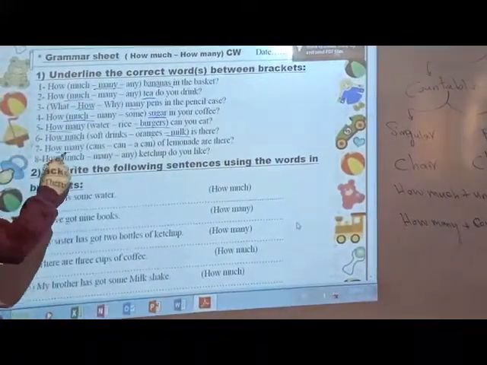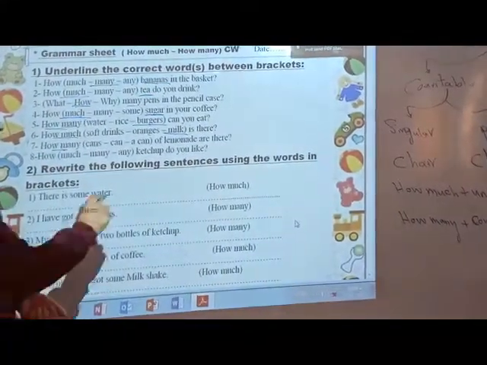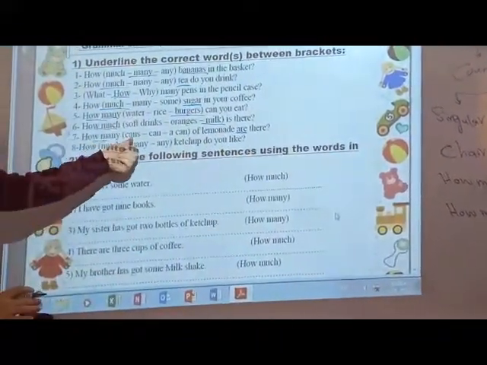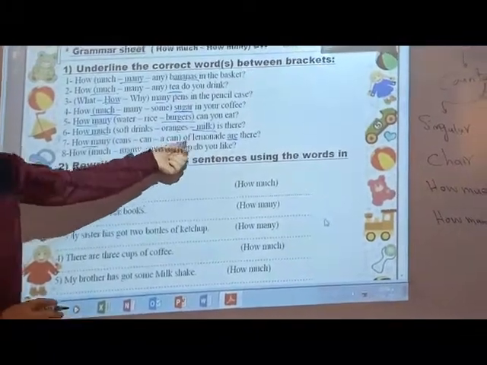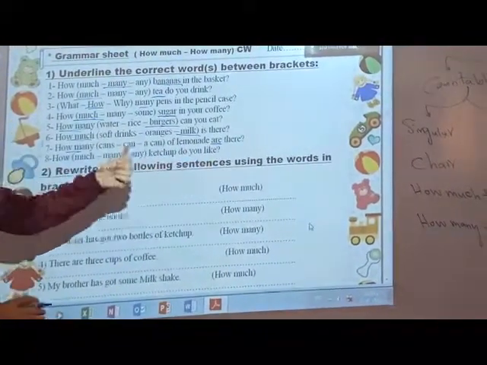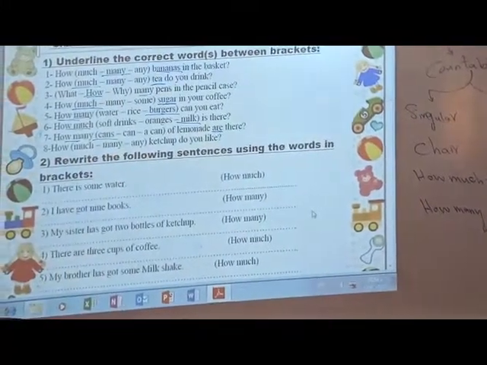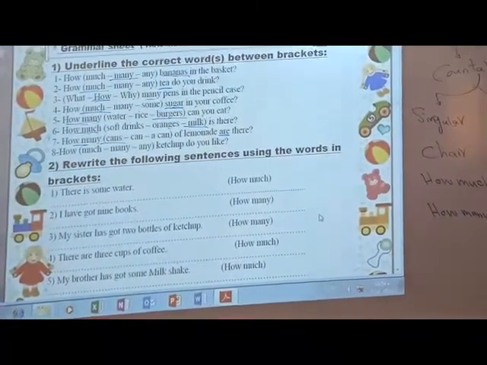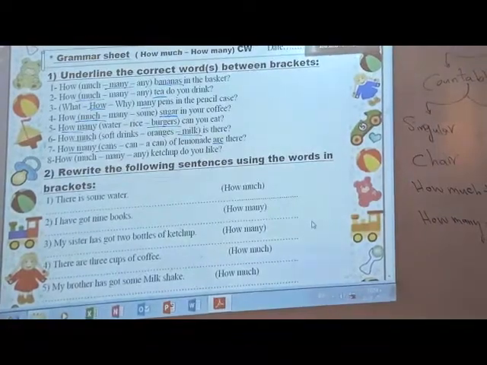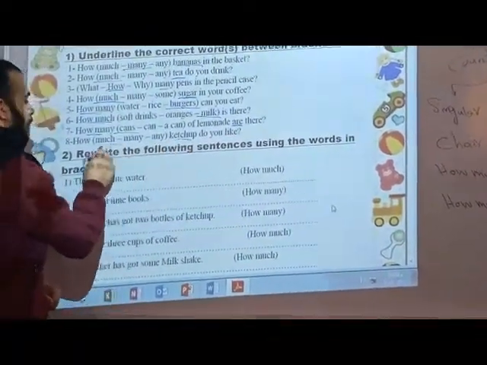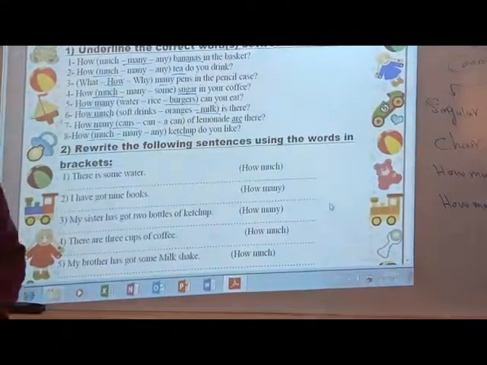So how many needs a plural noun, and we have the verb to be, are. So the right answer is how many cans of lemonade are there. Number 8. Ketchup do you like? Ketchup, uncountable noun. How much ketchup do you like?